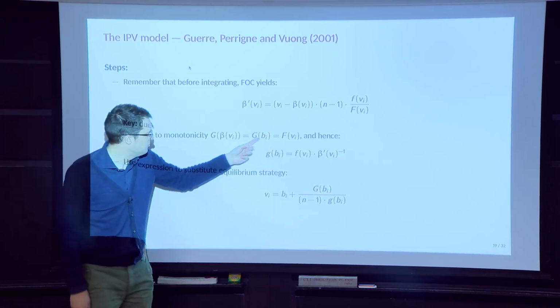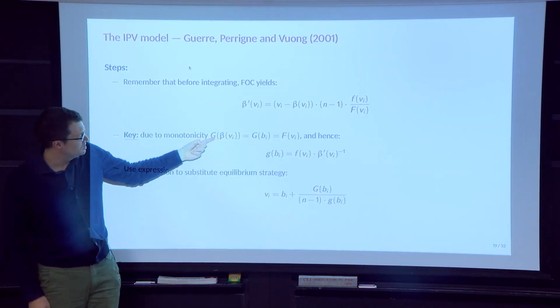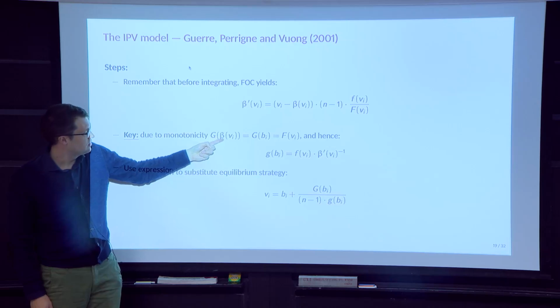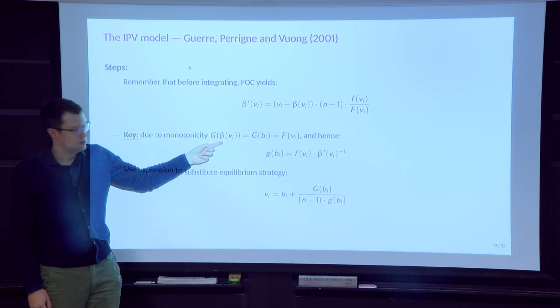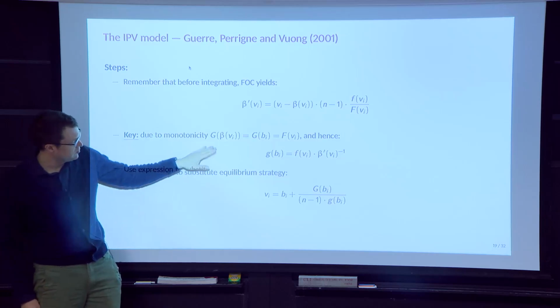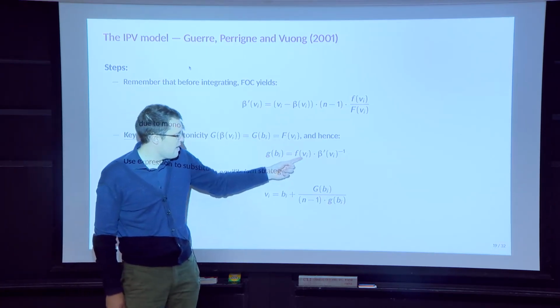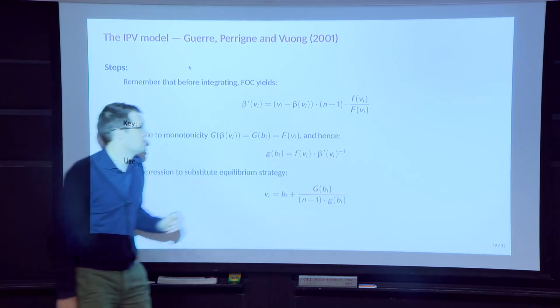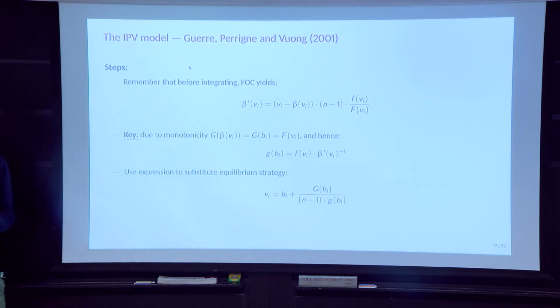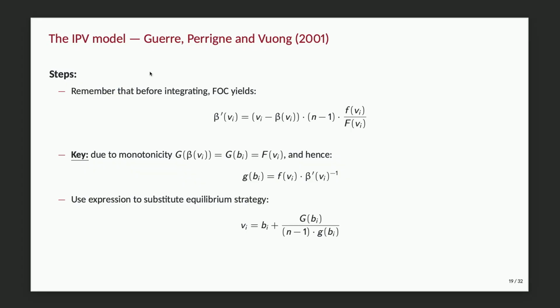And we also know that G of b is given by this object here, G of the symmetric bidding function of v. Then you can take the derivative on both sides, and you get that g of b is equal to f of v times 1 over the derivative of the bidding function. So now you probably see that we can make some progress here.